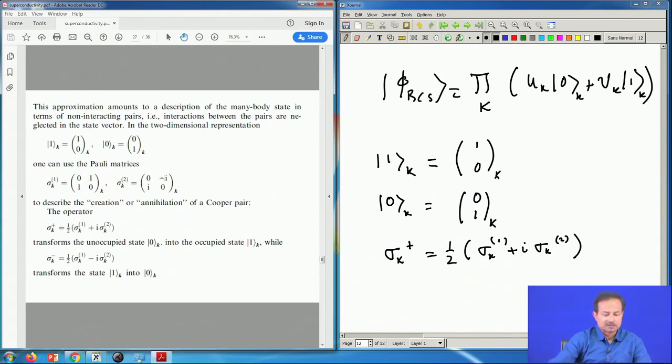These are well known Pauli matrices, and that is what is being used here to write down this so called raising operator. What does it do? It basically changes a 0 occupation to an occupation 1. So, it raises this number by 1. σ_k minus is basically this.